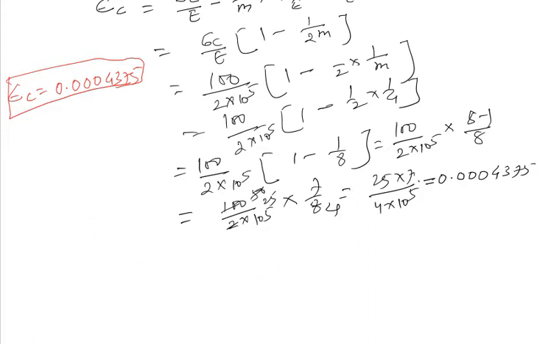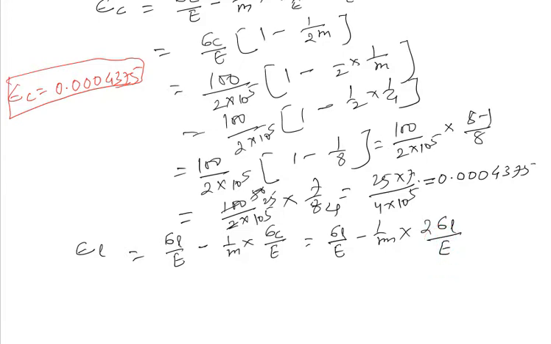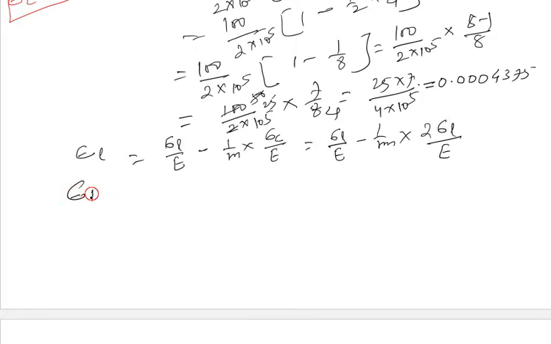We know that longitudinal strain, epsilon L, is equal to longitudinal stress by E minus 1 by m into circumferential stress by E. Circumferential stress by E minus 1 by m into, we know that circumferential stress is twice of longitudinal stress, 2 sigma L by E. Now epsilon L is equal to sigma L by E into 1 minus 2 by m, correct?